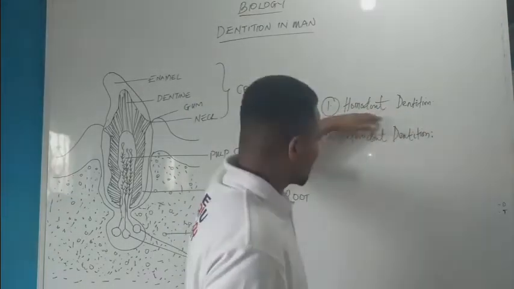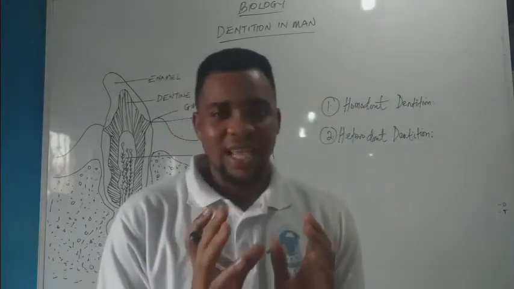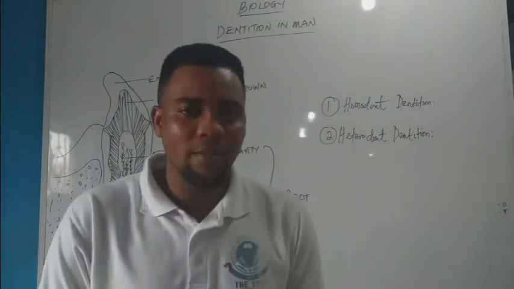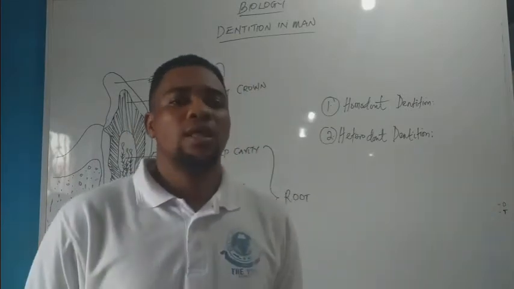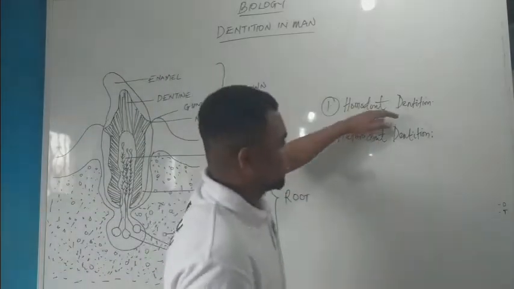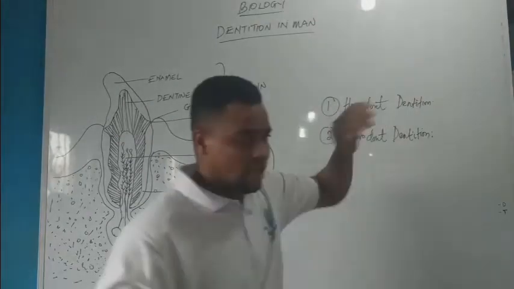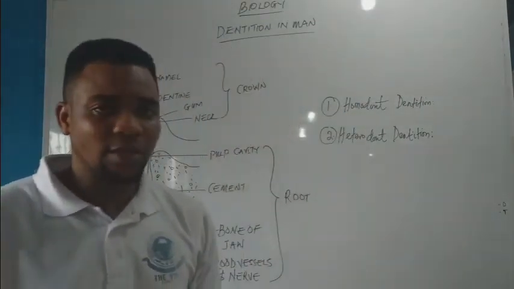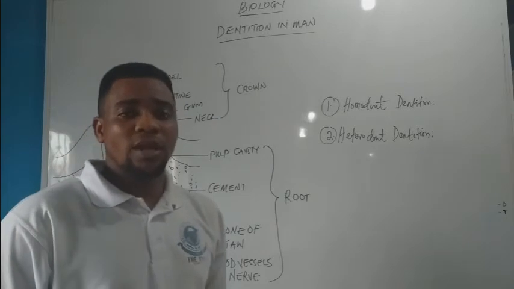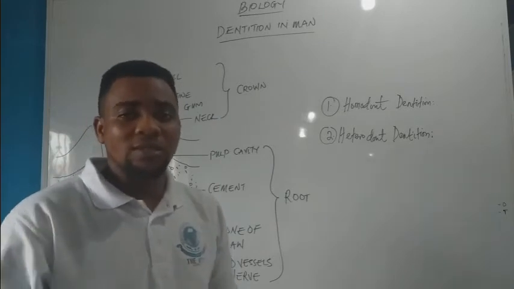Now, homodont dentition is modified to have a specific and the same function. The teeth of these animals are meant to have the same function. It is defined as the modification of a particular set of teeth for the same function.